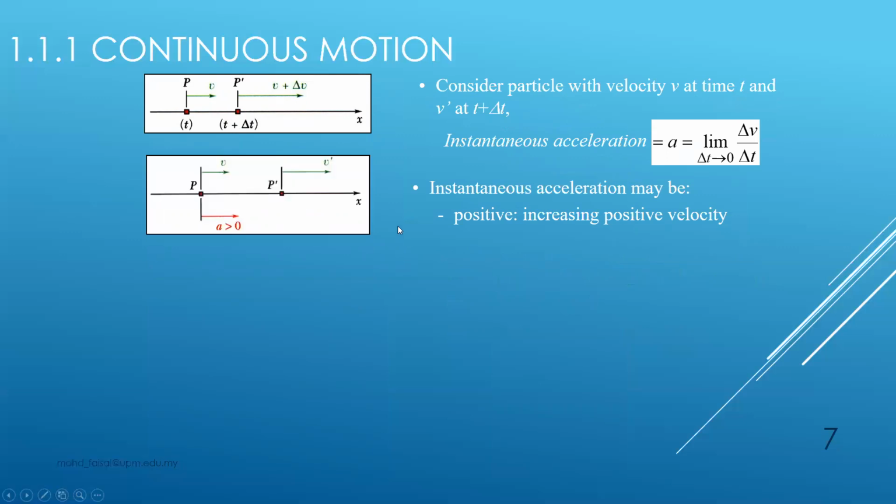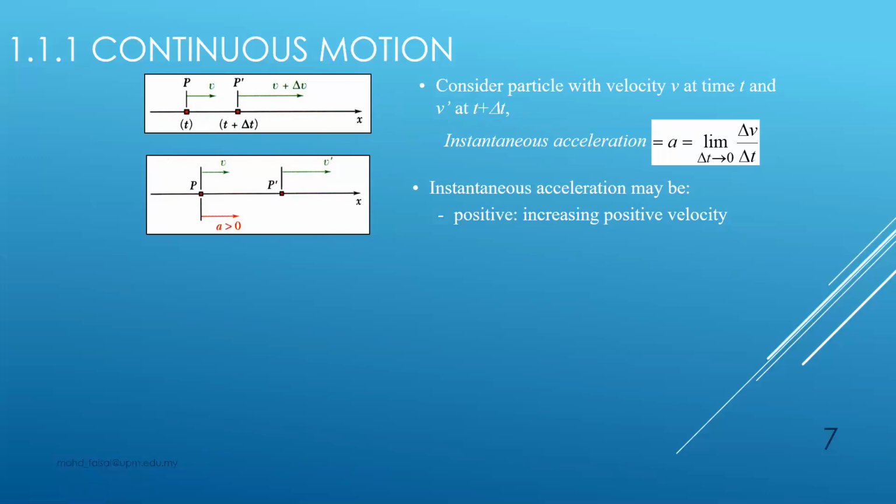Consider a particle with velocity v at time t, and then we also have v plus delta v, where there is a change from one position to another, from P to P prime, and there are also changes in the speed.